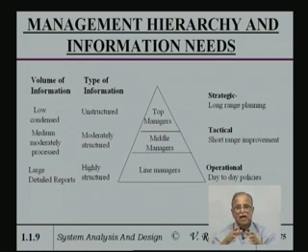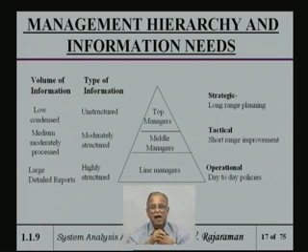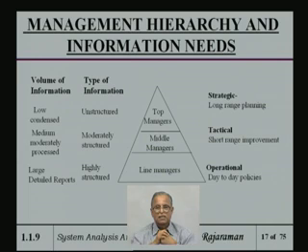For instance, if you take a railway reservation system, the local station director of a local station is the one who does operational work, based on the reservation charts and so on. He creates a complete chart and gives it to the people to go and paste it on railway compartments, and this is an operational decision, operational information.